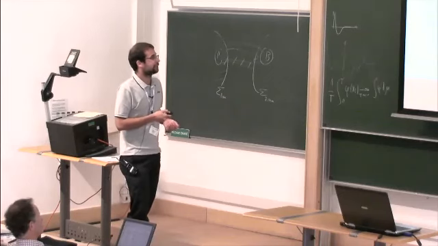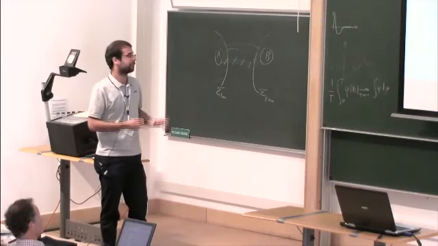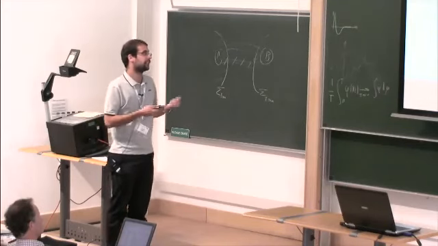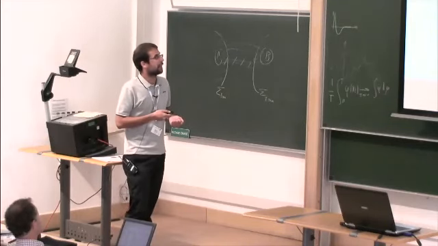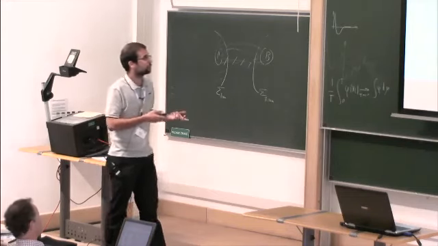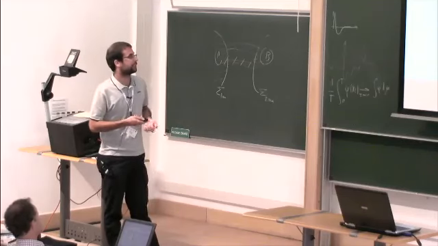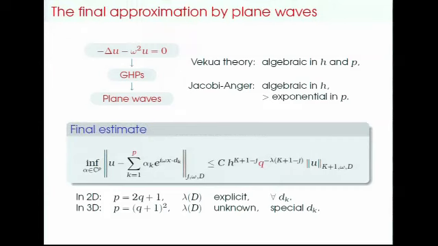And they are linked in this way: p corresponds to the dimension of the space of harmonic polynomials up to degree q in 2 or 3 dimensions. So it's like if you are using only harmonic polynomials. It means we are saving some degrees of freedom with respect to the general polynomial approximation. And so this is the estimate we have.